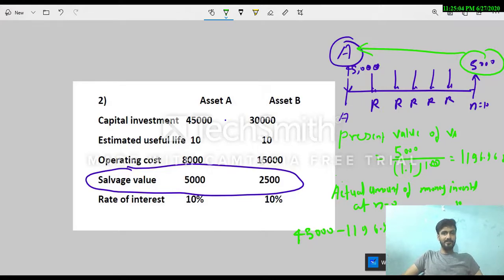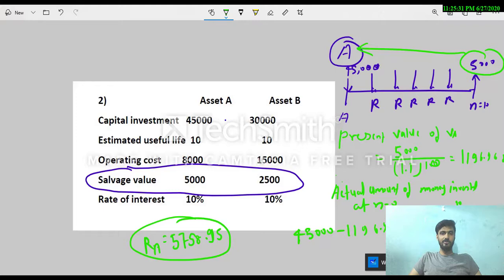From here, the value of RA is our main concern, and you will be getting RA equals 5758.95 rupees for project A.